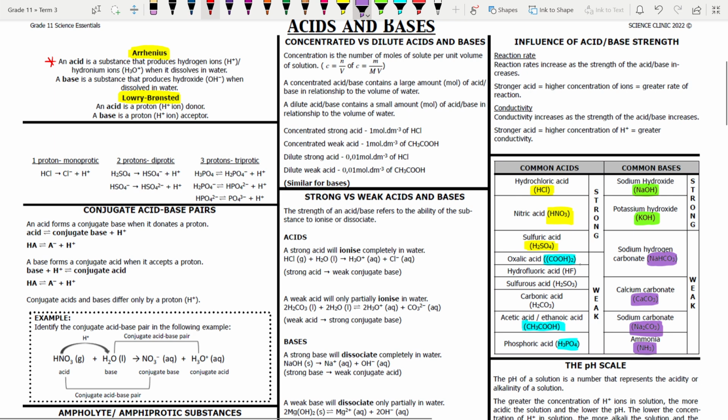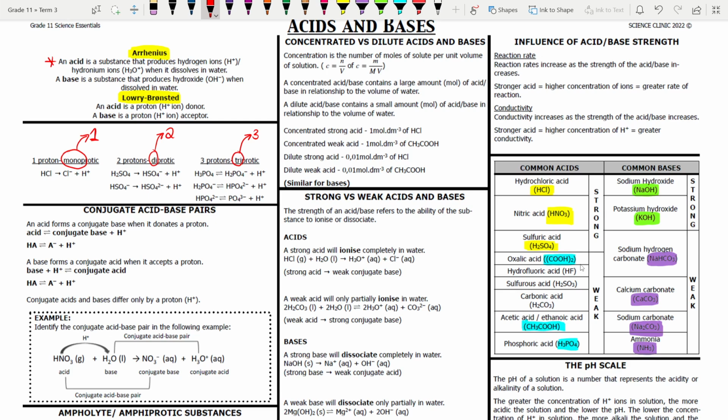So let's now discuss what is meant by monoprotic, diprotic, and triprotic acids. The word mono means one, the word di means two, the word tri means three, and the word protic means a proton.